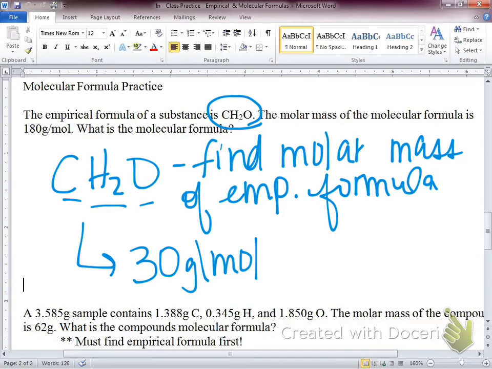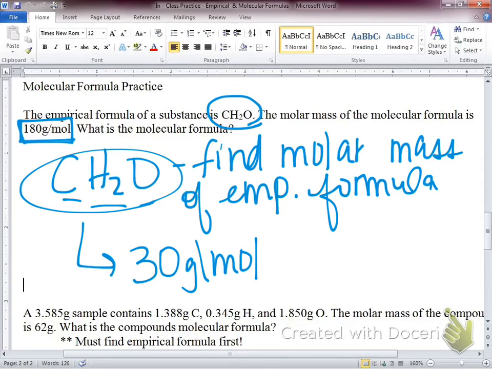Do we agree? Yep. So now we want to look at the ratio between the empirical formula and the molecular formula. The molar mass of the molecular formula is 180. We're going to find out how many of these compounds fit into that 180 grams per mole molecule.